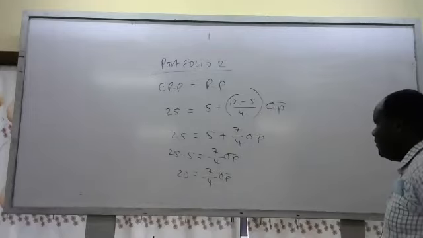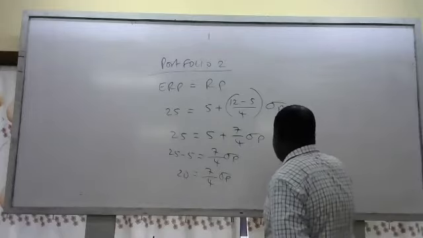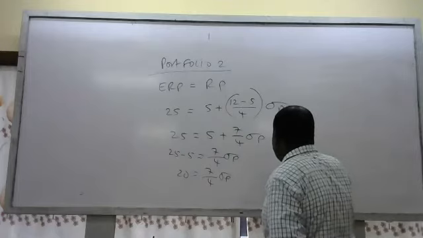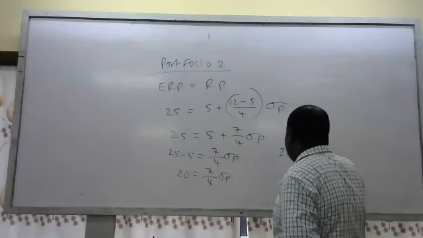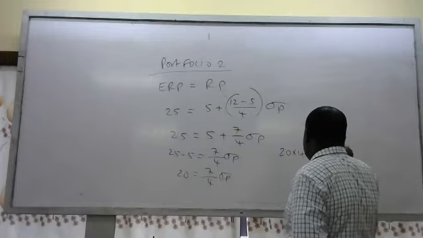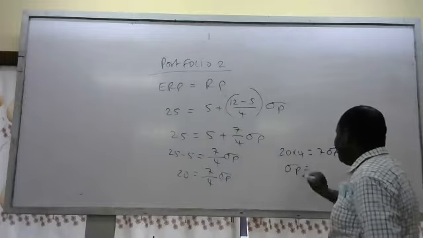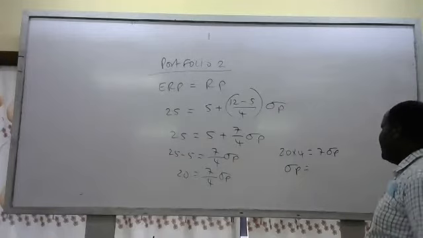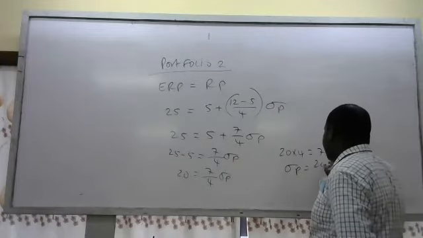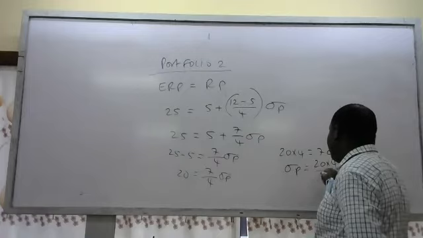This is the same as 20 multiplied by 4 to be equal to 7 times the standard deviation for the portfolio. So making the standard deviation for the portfolio the subject will be the same as 20 multiplied by 4 divided by 7.